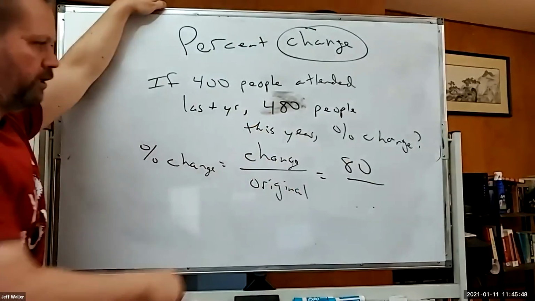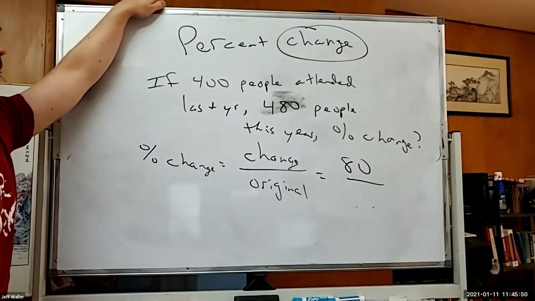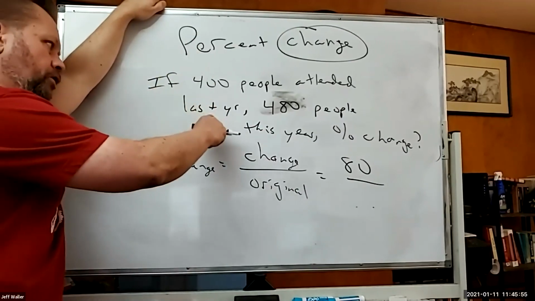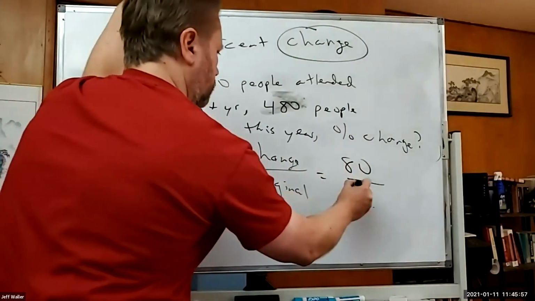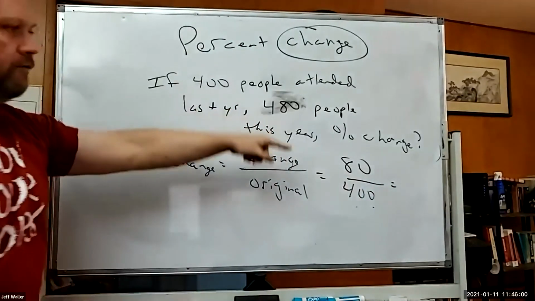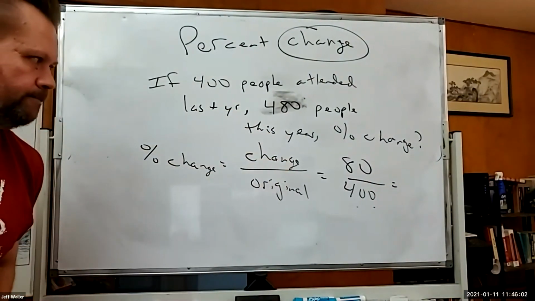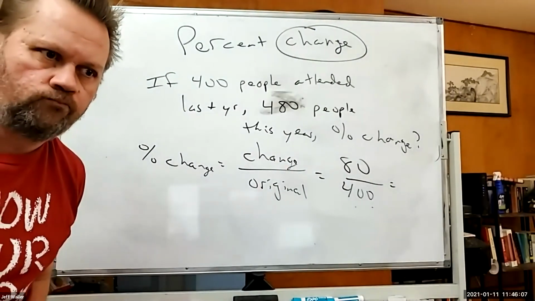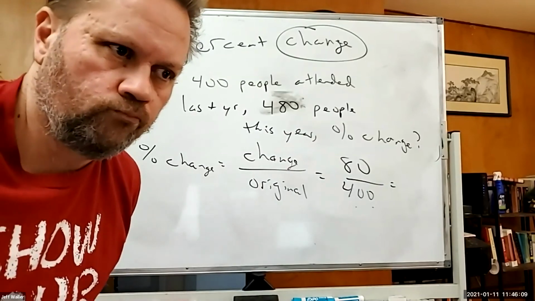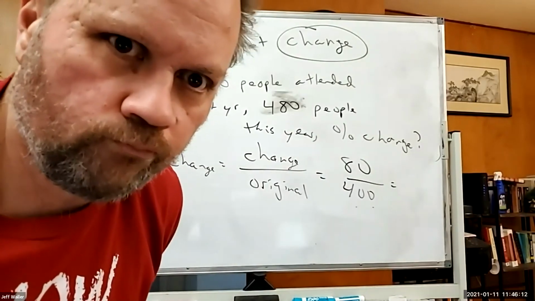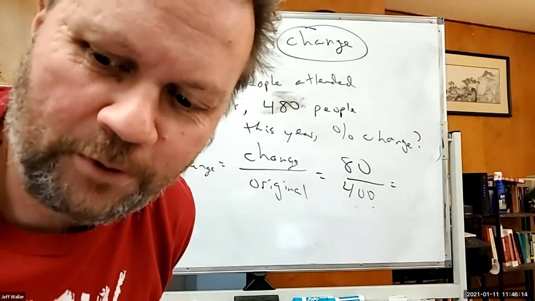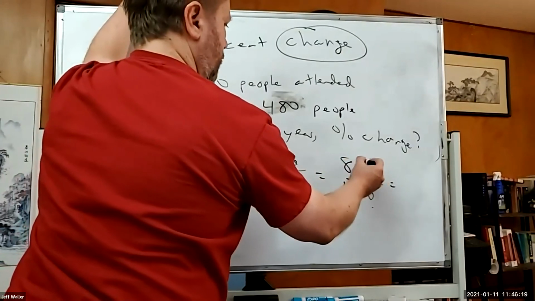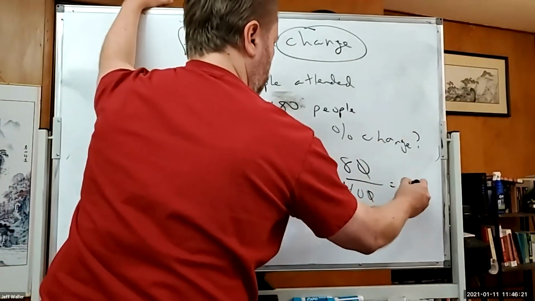And what was the original number of people? 400. Yes, the original was 400. And then you can figure out what percent that is, right? What percent is that? 20%. Whichever way you want to do it, 20%.